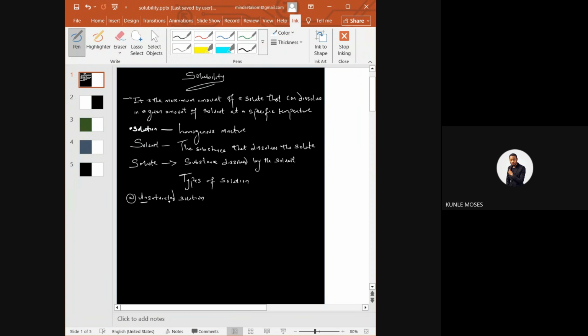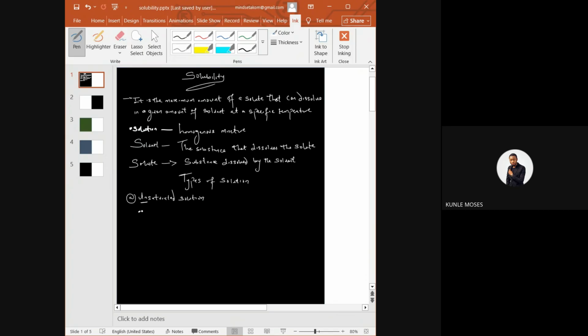For example, let's say you want to take your garri and you put a lot of water and add half a cup of garri inside the water. That is unsaturated. It simply means that particular amount of water requires more garri to be dissolved in it. So when you take a lesser solute, we call it unsaturated solution.